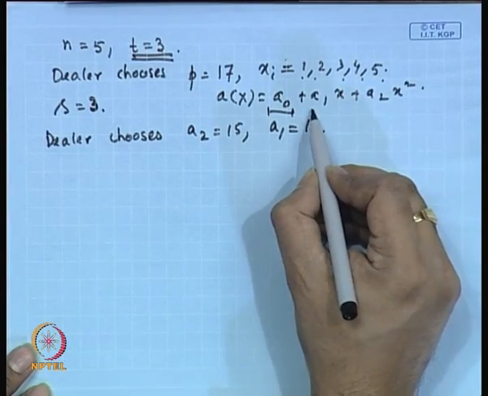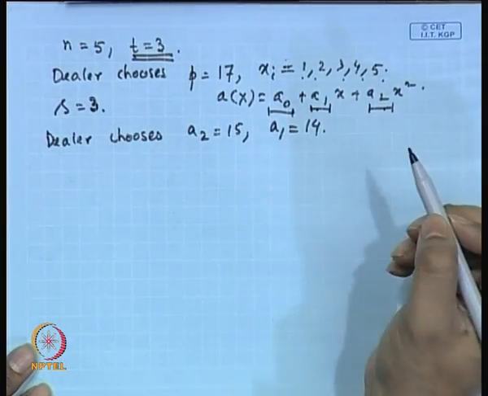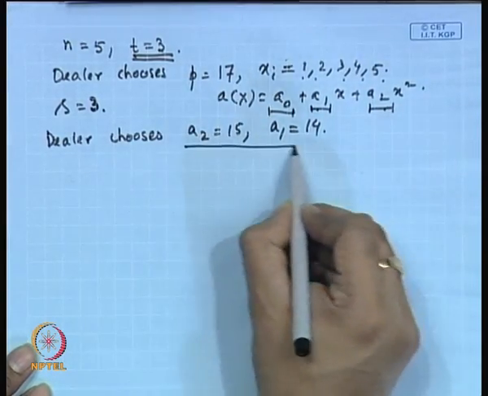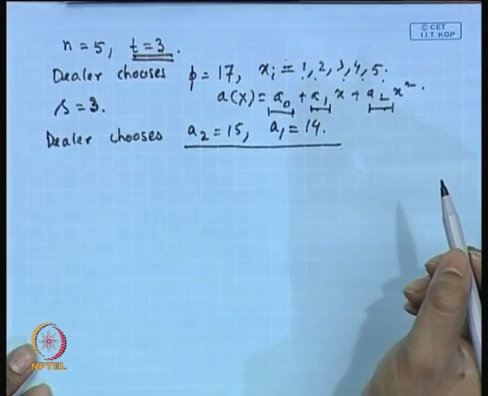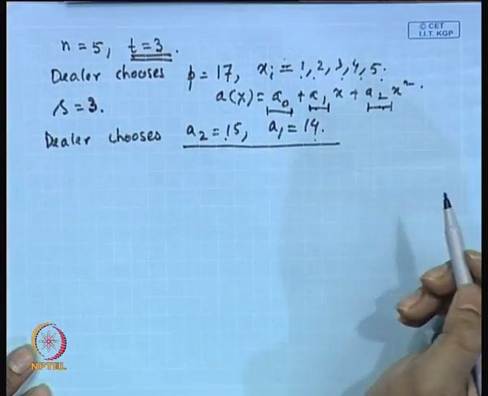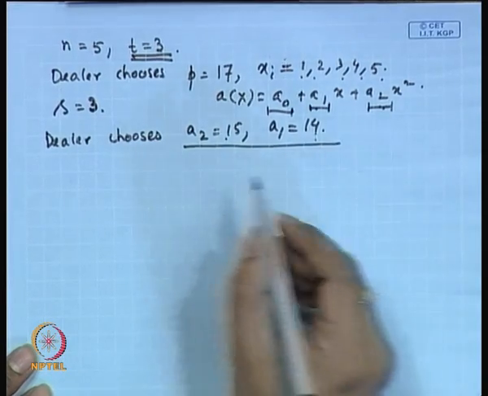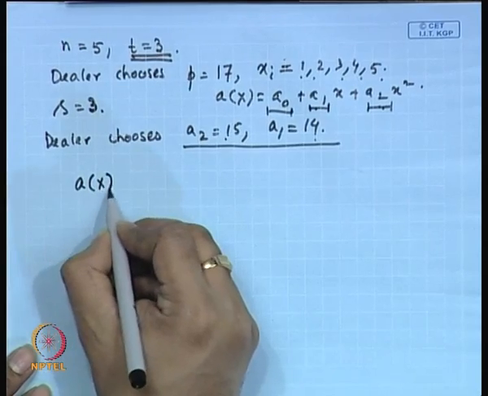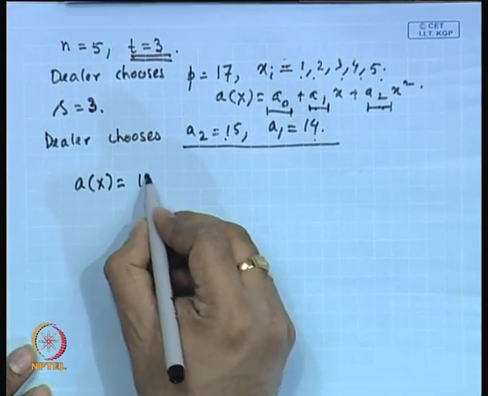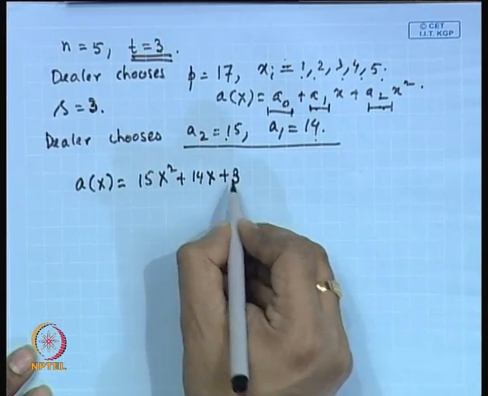So the dealer needs to randomly choose a1 and a2. Let a2 be equal to 15 and a1 be equal to 14. Therefore the polynomial which the dealer chooses is f(x) equal to 15x square plus 14x plus 3.